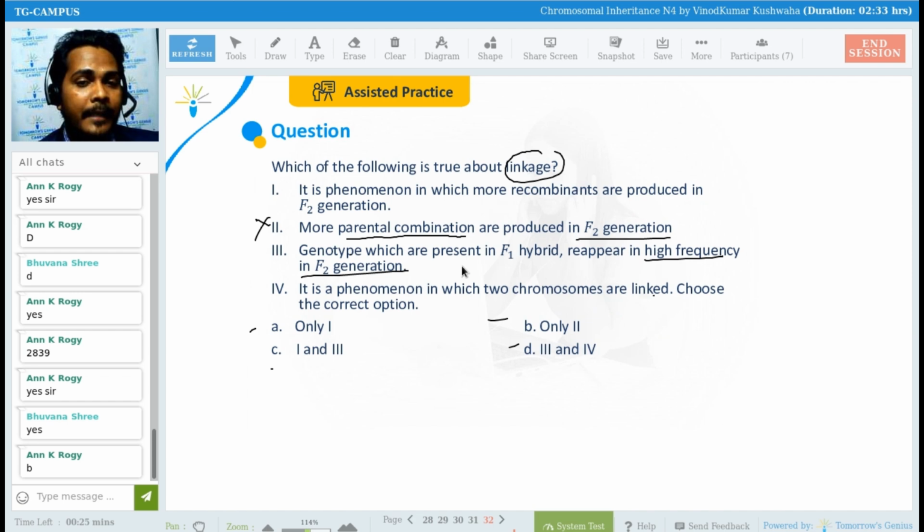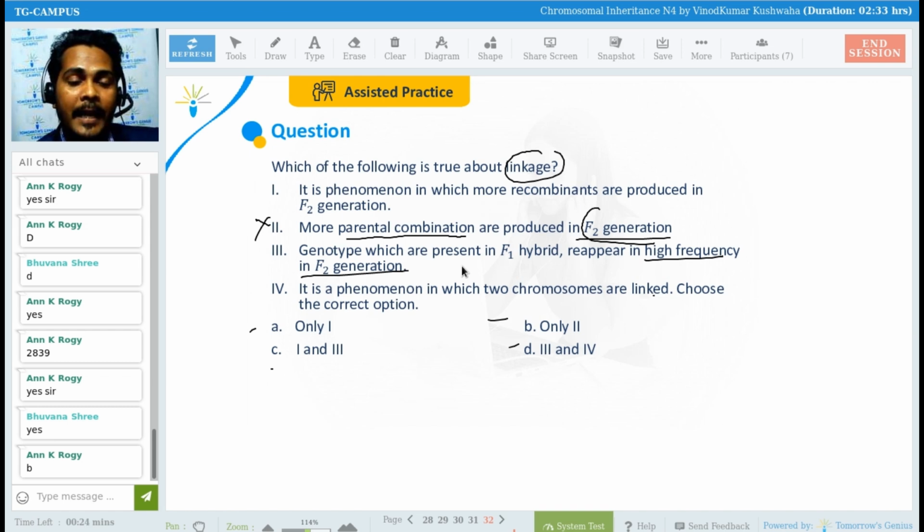It is always higher. But in the case of the parent there are no recombinations, while the option says more parental combination. No, parental combination is an exact copy of their F1 gametes, or the F1 parents, in the F2 generation, which is absolutely wrong.